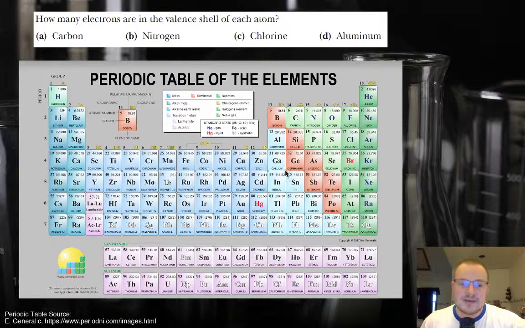The difference is its outer shell, its valence shell, is the 4th shell. It is found in the 4th period, and so we count that gallium actually has 1, 2, 3, 4, 5, 6, 7, 8, 9, 10, 11, 12, 13 electrons in its outer shell.